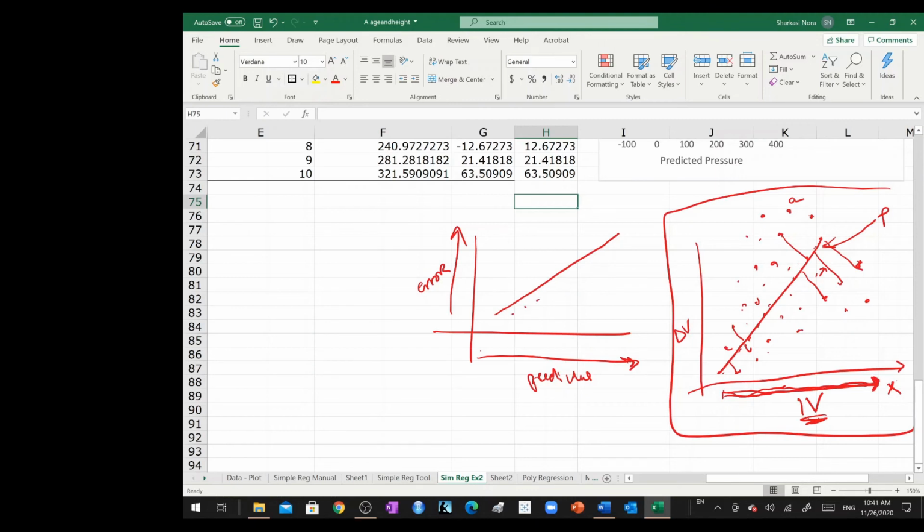So as this increases, this increases. If you find out that the predicted values and the absolute error term exhibit such a linear relationship, this is very concerning.